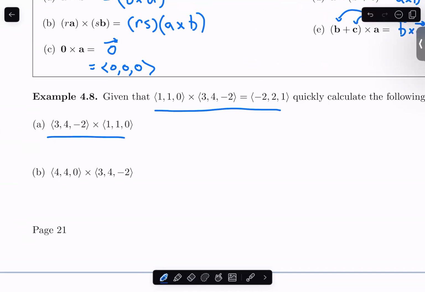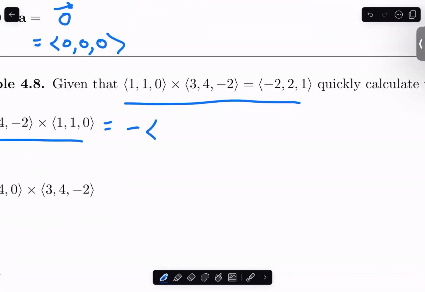In this case, the only thing that has changed is that I flipped the order. Instead of 110 coming first, 110 comes second. Otherwise, they're the exact same. And so my result should be off by a negative. If I go ahead and do my scalar multiplication and multiply through, this would be 2, -2, -1.